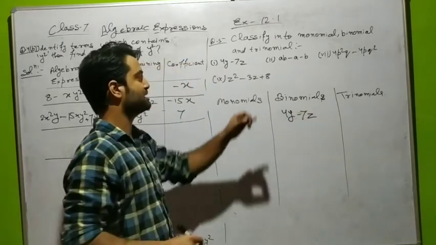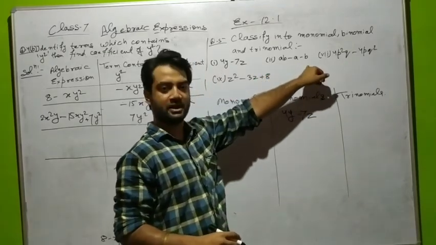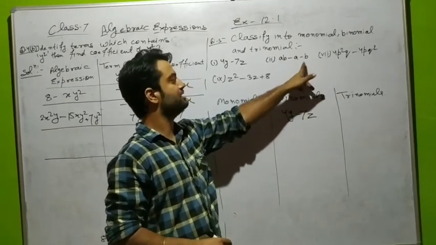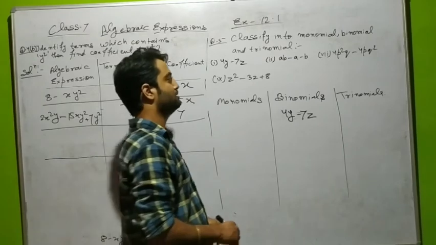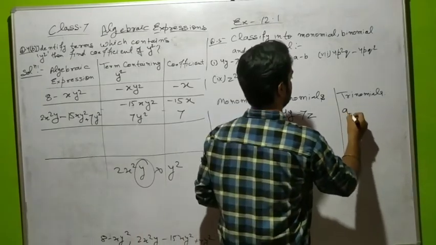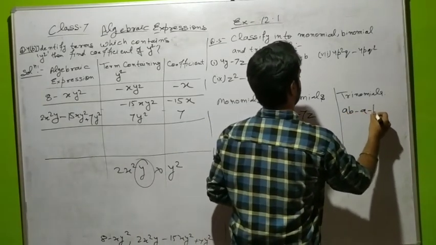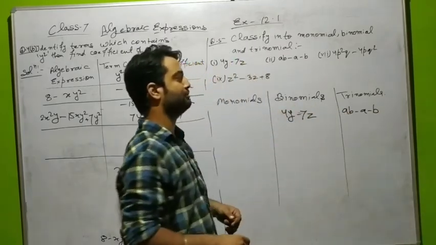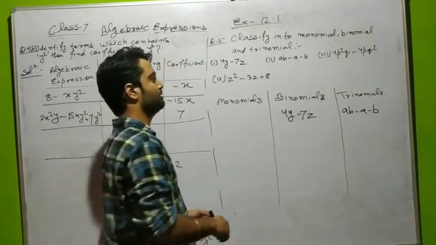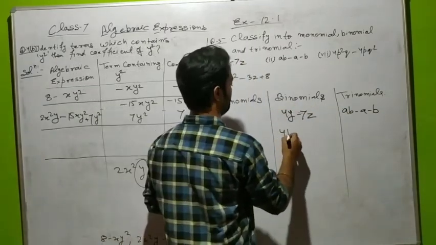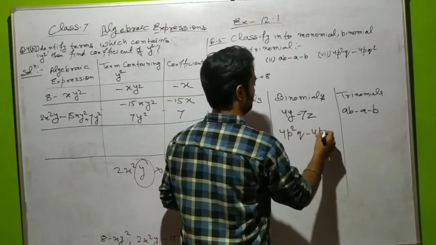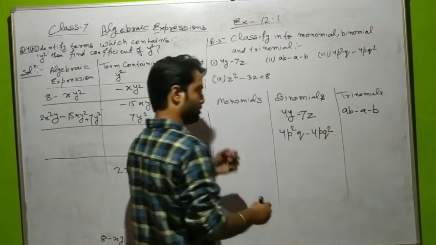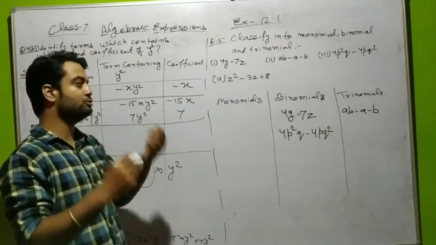Okay. Now the second one, ab minus a minus b. It has two negative signs, so it has three terms. That is why it is a trinomial. So ab minus a minus b is a trinomial. The next one, 4p square q minus 4pq square, is a binomial because it contains two terms.